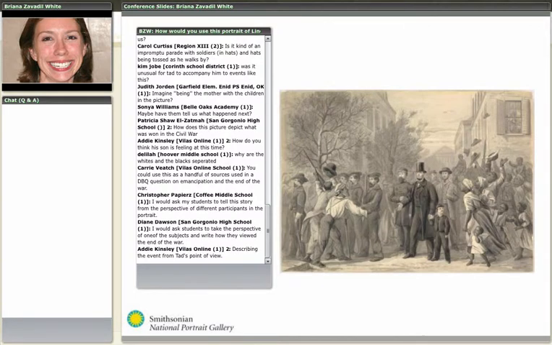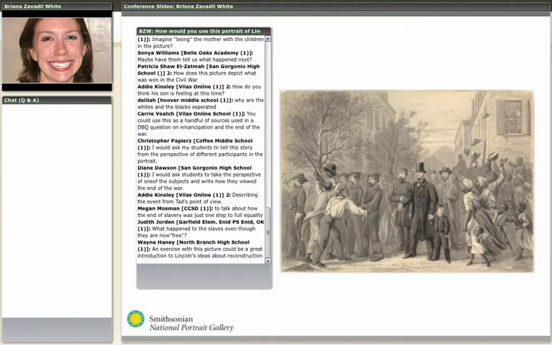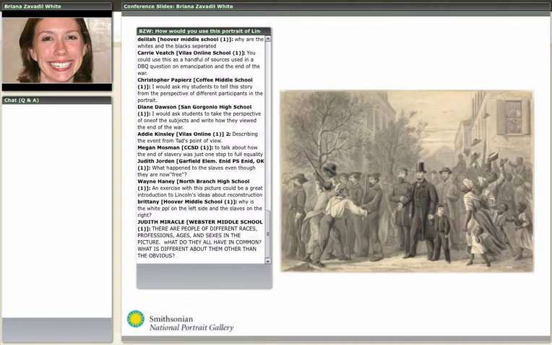Okay, Christopher at Coffee Middle School says that he would ask students to tell the story from perspectives of different participants in the portrait. Absolutely, I think that is a very interesting activity. And the perspectives could be from a freed African American slave, from a white Southerner who is up in his or her home, behind a shuttered window, from Tad's perspective, or from a perspective of David Porter, certainly.